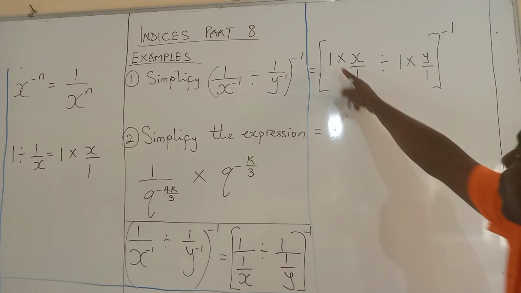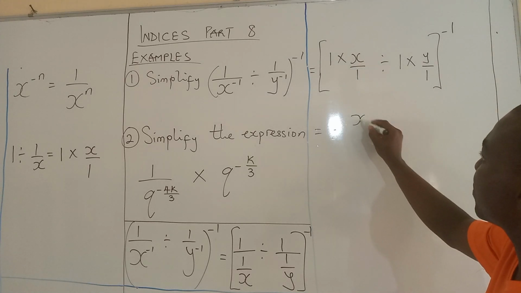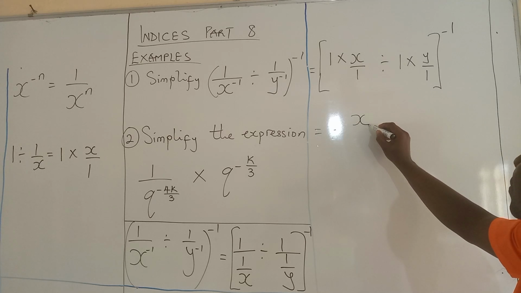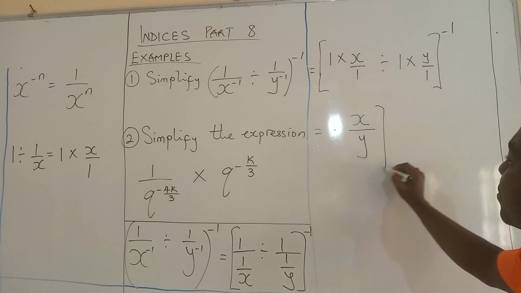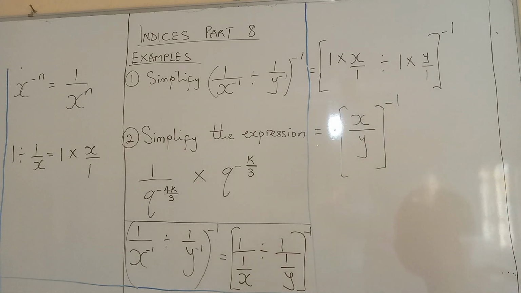And so 1 times x is x divided by 1 times y is y. Everything raised to power minus 1.